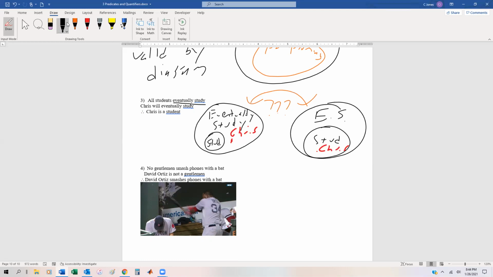And so we can't necessarily pick one. And what we're going to say is that it is invalid due to two valid diagrams.